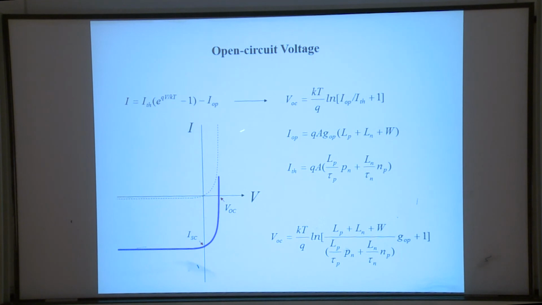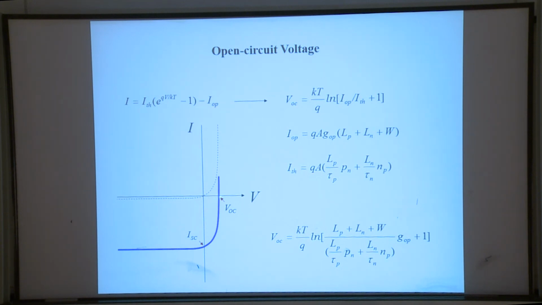Let's define two points. It no longer crosses the coordinate system at the origin. Now it crosses the coordinate system at two points.